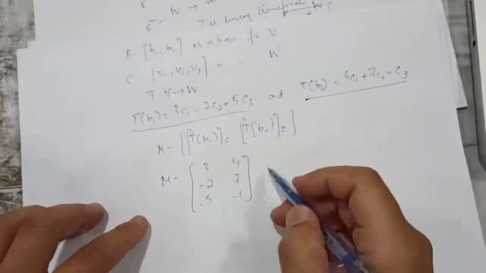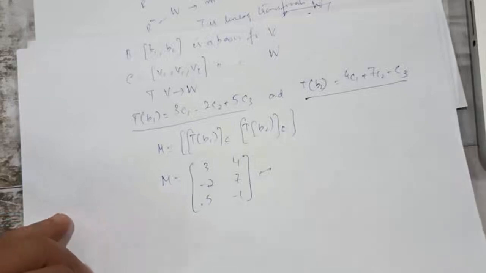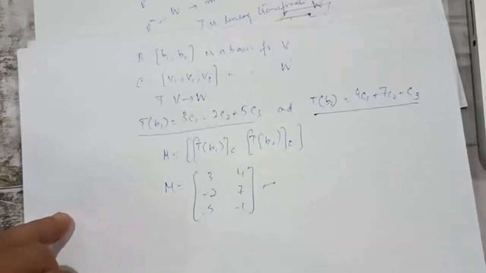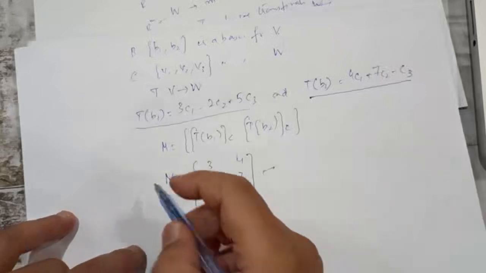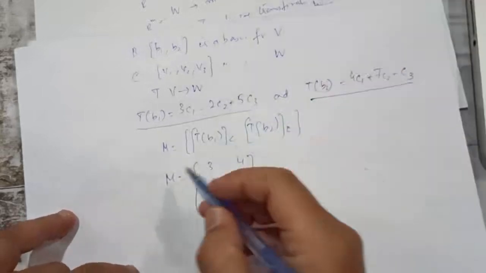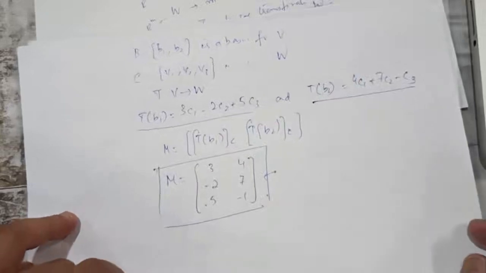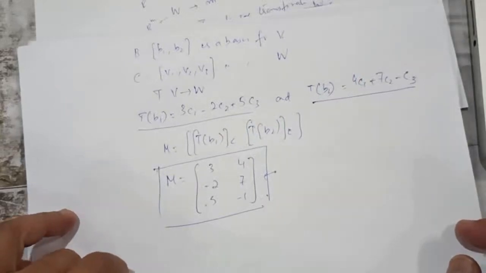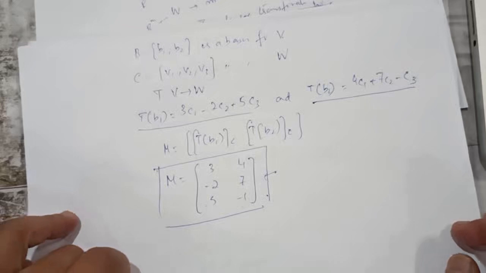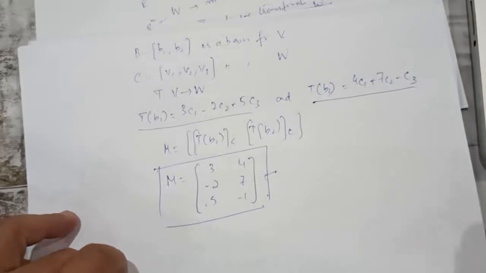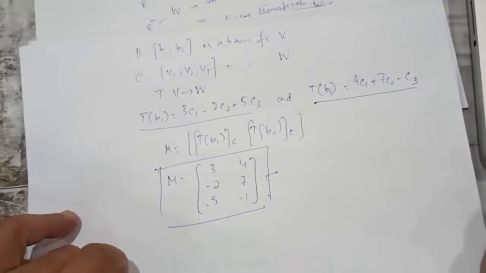Okay, so this is the M matrix. This is the matrix for T relative to the bases B and C, right? So we can apply this M matrix to transform the point x in space V to the corresponding point in W with basis C. Okay.